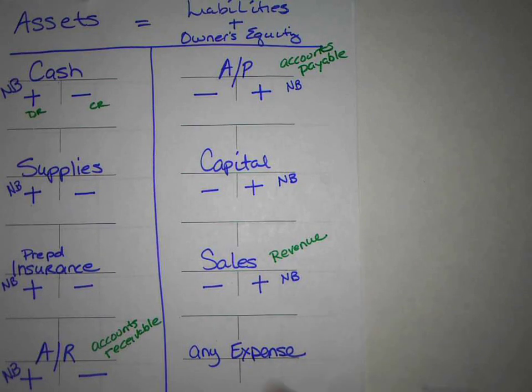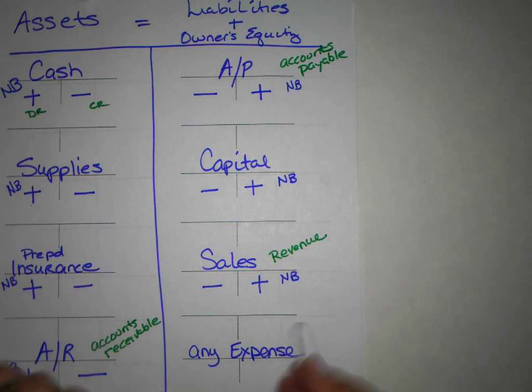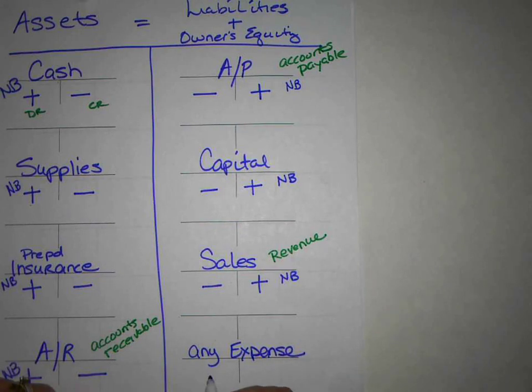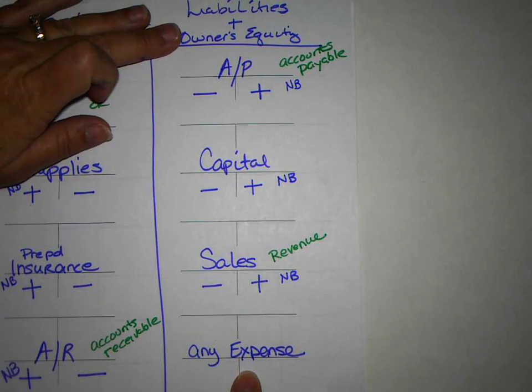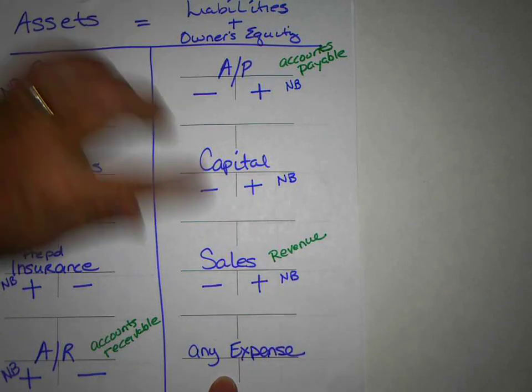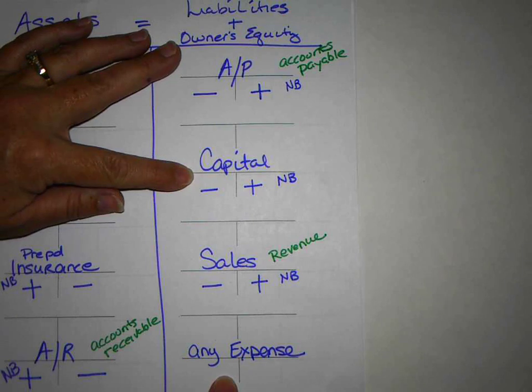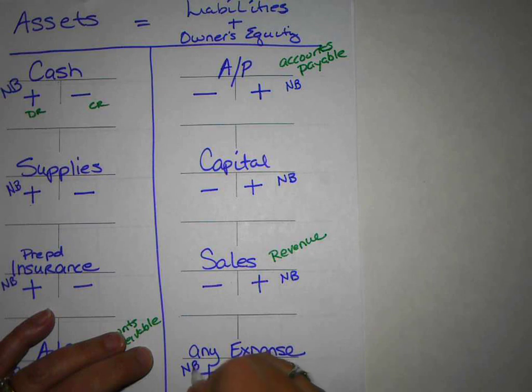Advertising expense. We're going to use the word expense on all of those, and so it'll be easy to know what that account's doing. Now remember, expenses are decreasing owner's equity. Okay, so it's going to be opposite of what owner's equity is. So we're going to plus on the debit side, and this is our normal balance side.